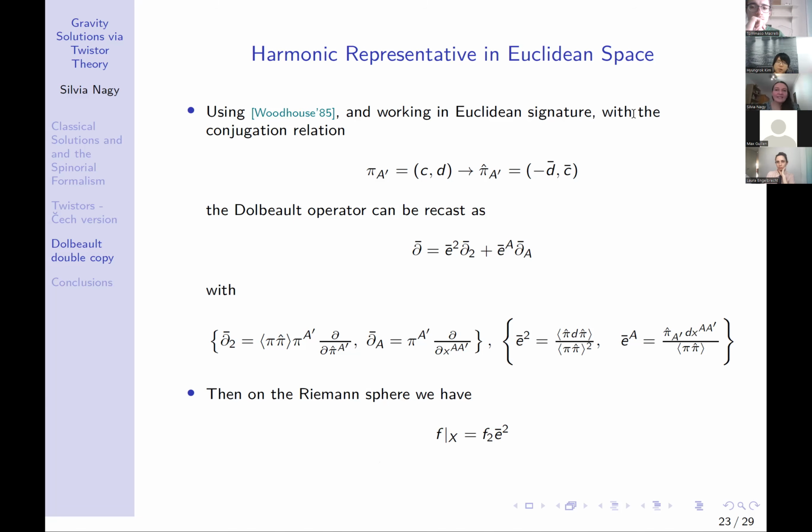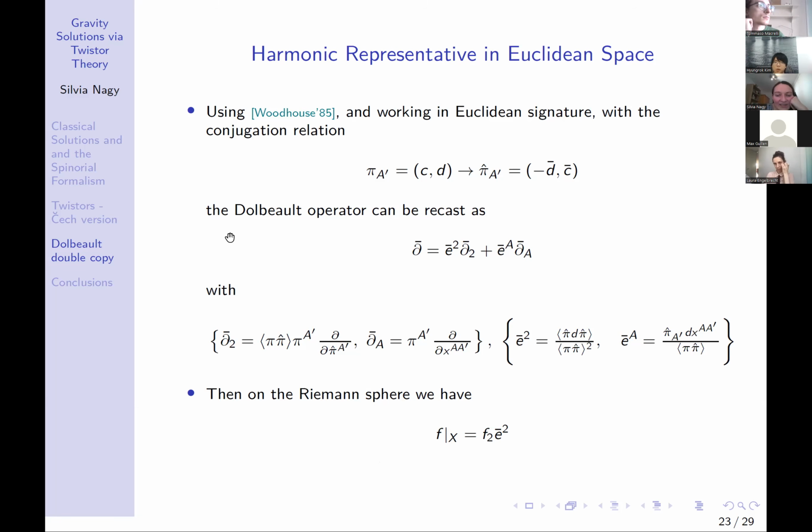So the idea is to work in Euclidean signature, where we know better how to define these things. And I just want to introduce this conjugation relation, so you know what I mean when you see pi hat here, where bar is just the standard complex conjugate of the components.